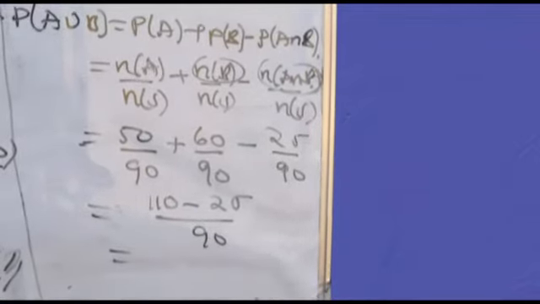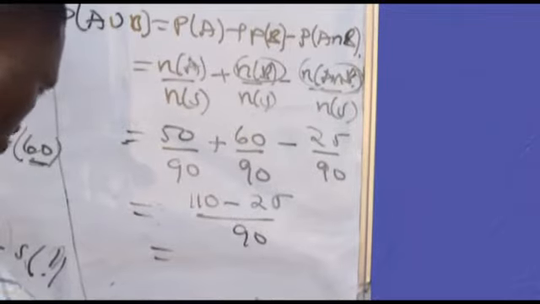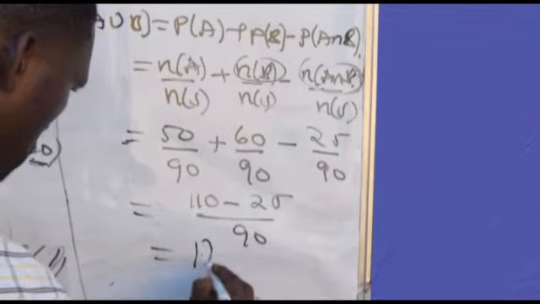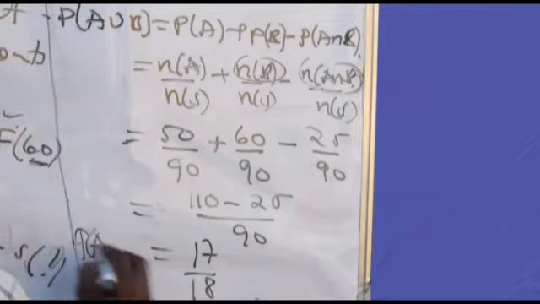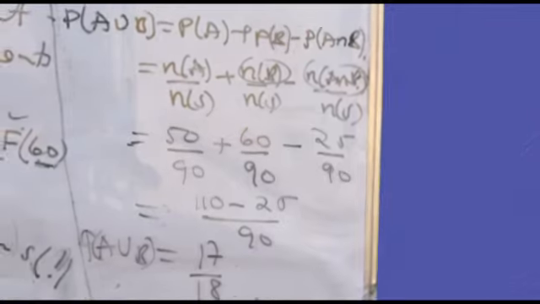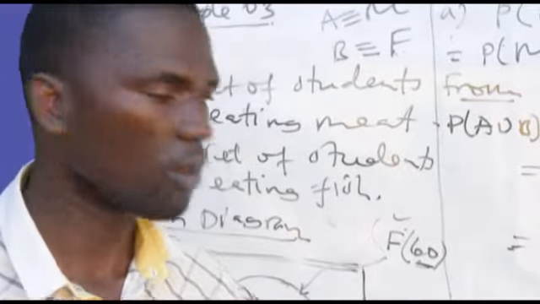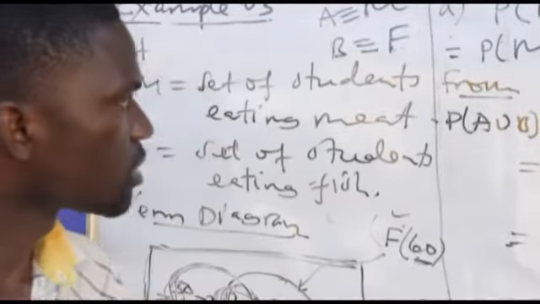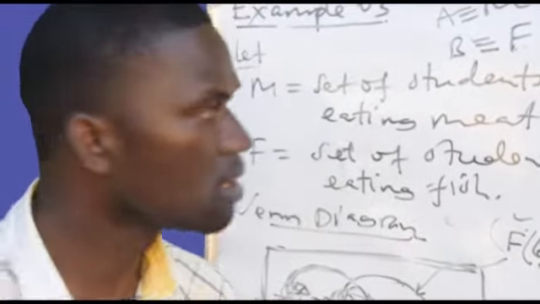Simplifying this fraction, you'll get 17 over 18. So this is the probability of A union B, which represents the probability that a student selected at random will either eat meat or fish. So this is part A, and now we are free to move on to part B of the question.